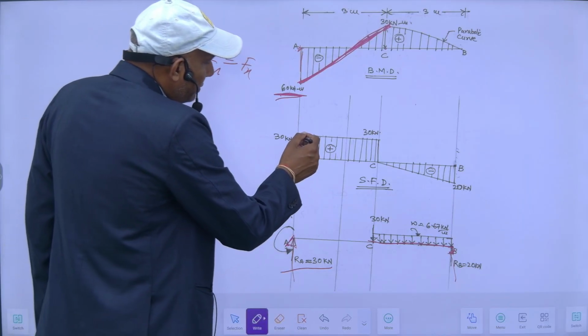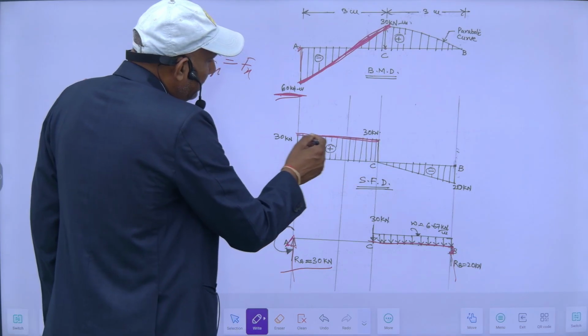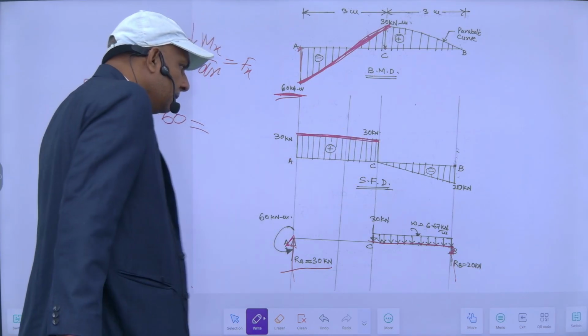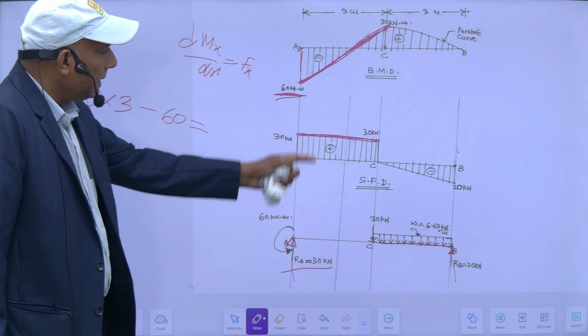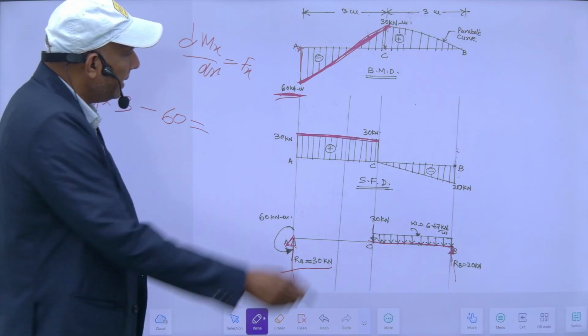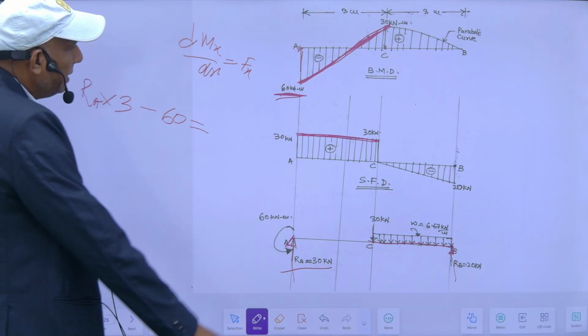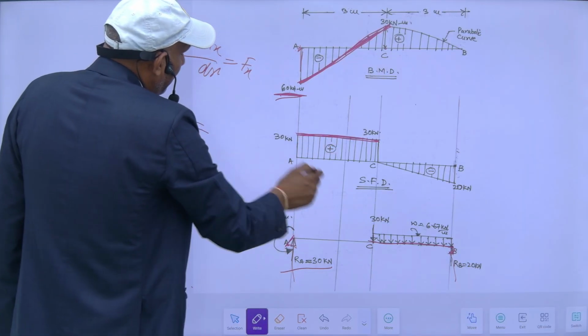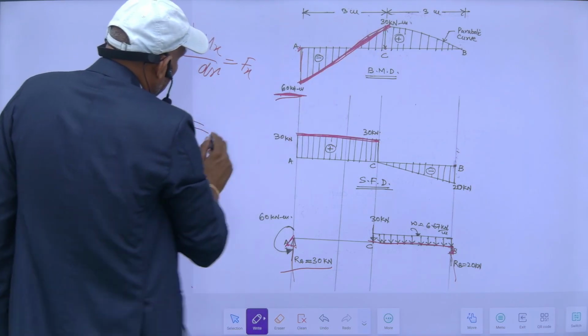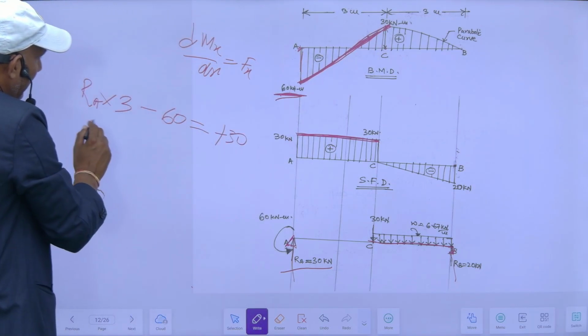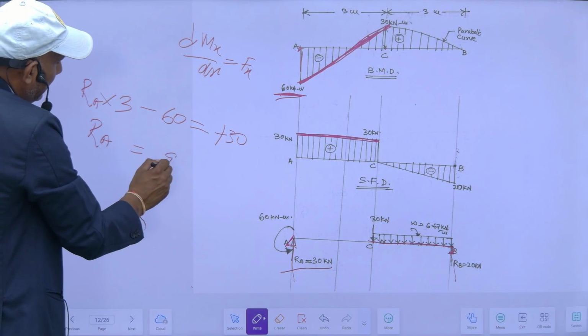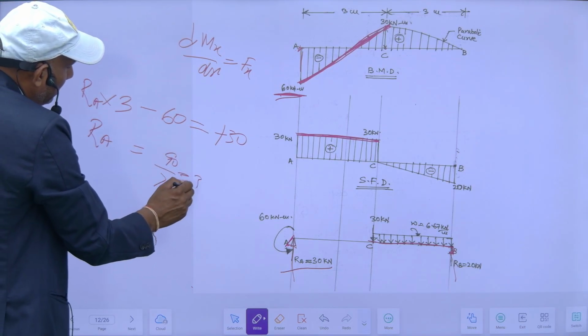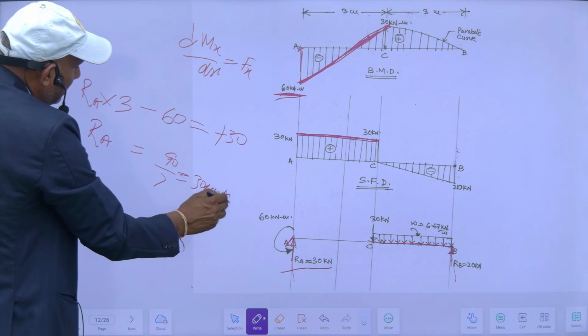Between B and C there is no UDL or concentrated load. So Ra into 3 minus this couple will give the bending moment here, which is plus 30. So Ra will be 30 plus 60, 90 upon 3. This will be 30 kilonewton upwards.